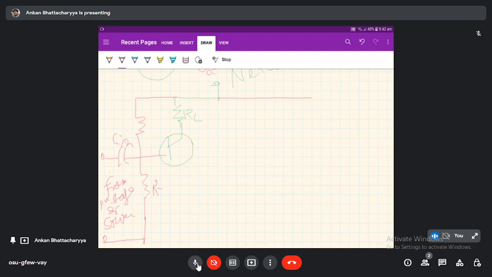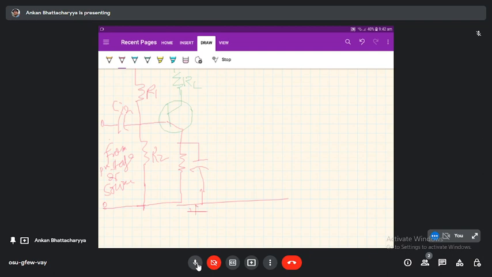This is the R2 resistance. This is the R1 resistance. This is the RE resistance, and this is the bypass capacitor, and this port is grounded. This is the coupling capacitor. This will couple the first stage with the second stage.